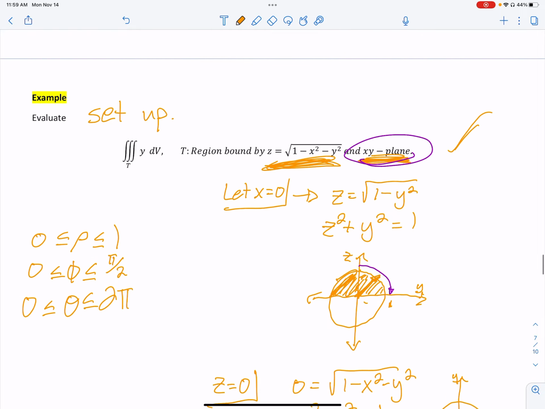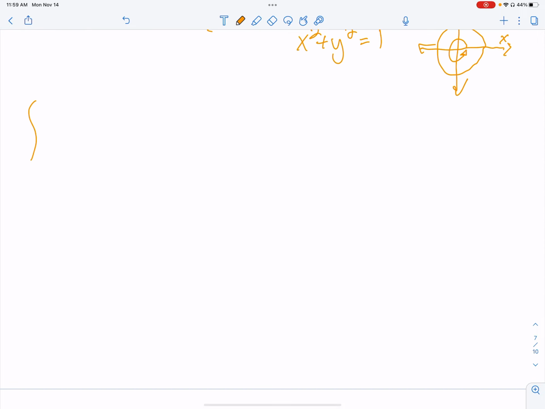Did they say volume for this one? No, they had an integral. The integral was y dV, set up the way we have. So we get a triple integral. Theta is 0 to 2 pi. Phi is 0 to pi over 2.